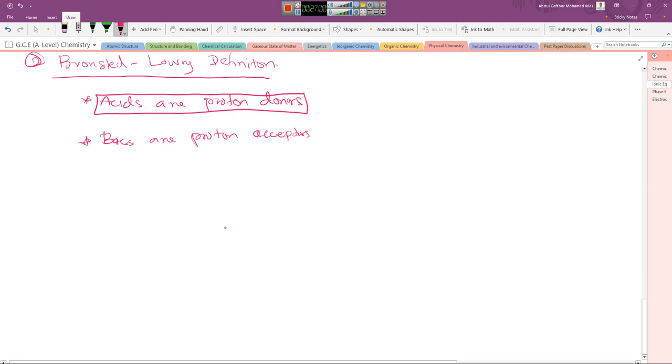Right. Now, if you look at an example, let's say we have HCl and we dissolve HCl into water. So now we can tell that the products will be H3O+ and Cl-.